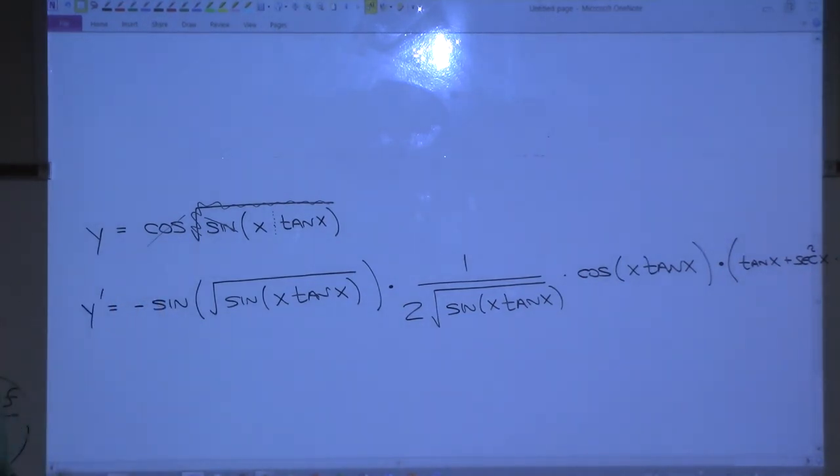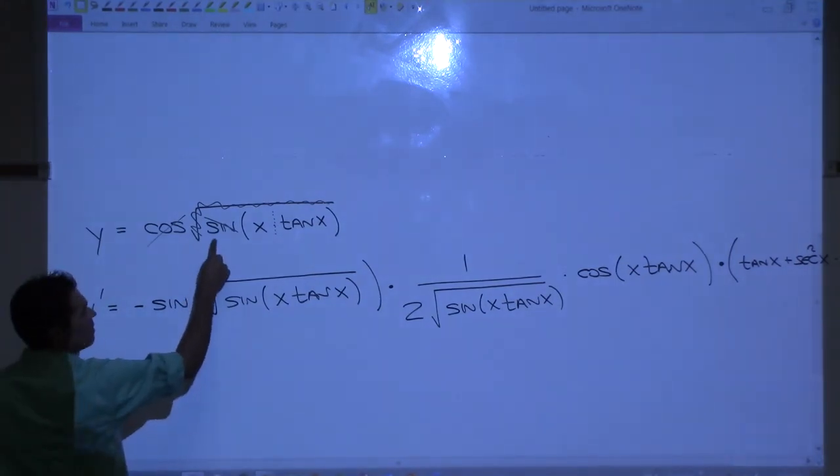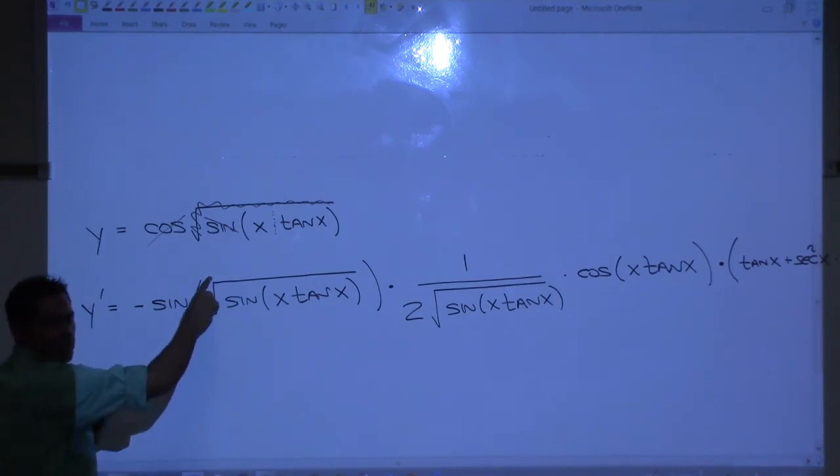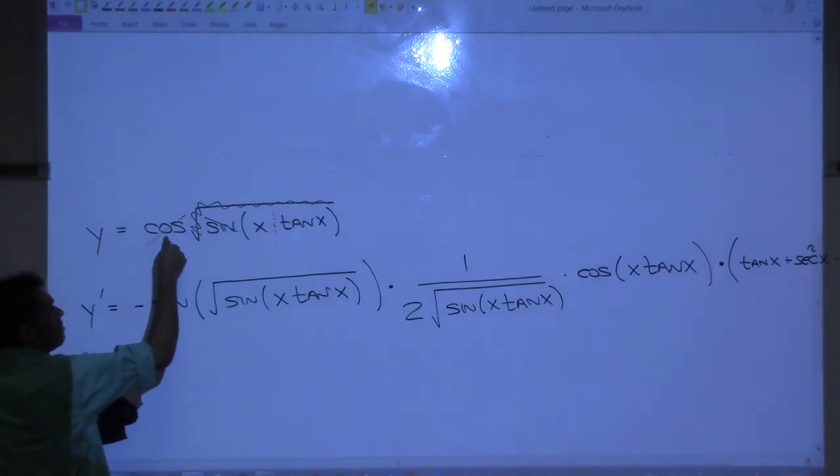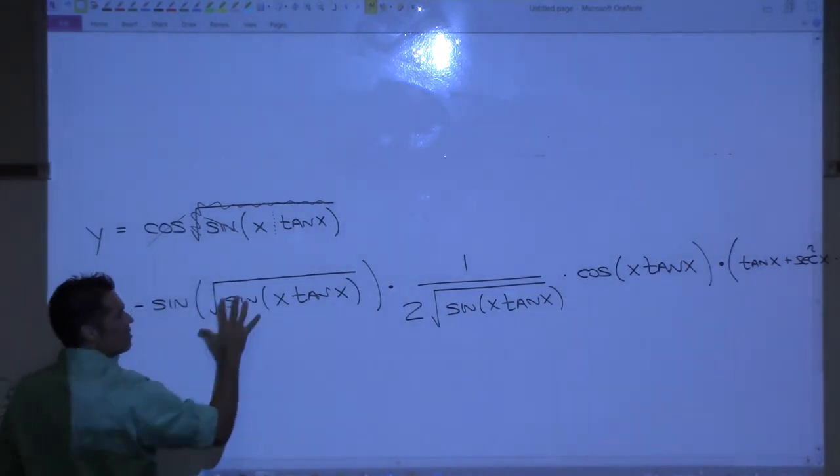Where did you get the cosine x? I didn't do it. I think Jackson did that. So where'd you get that, Jackson? It's because the sine that's inside the radical, you take the derivative of the sine. Right. So what we're doing, we're working our way from the outside in. We start with the outer one, cosine. Derivative of cosine is negative sine of everything that was there.